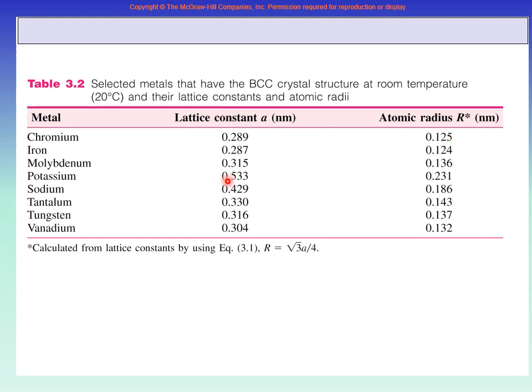This is found experimentally. This is the real value, found experimentally by XRD or something else at room temperature, around 20 Celsius. If we increase the temperature, atoms will start to move and they will disturb the structure, and the size can be different. But experimentally found lattice constants A and experimentally found atomic radius R are there for different atoms.